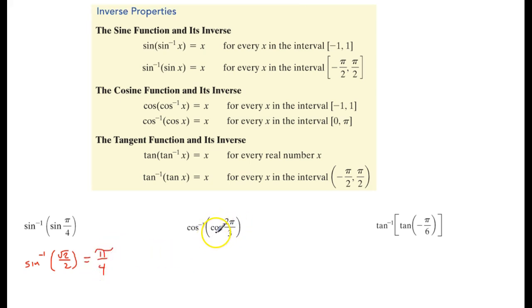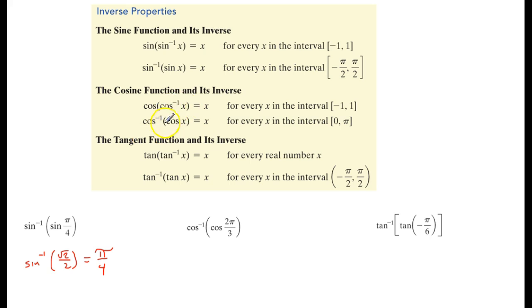And the same thing with the cosine. The arc cosine of cosine of 2 pi over 3. Now 2 pi over 3, is that within 0 to pi? Yes. So because that is within 0 to pi, we're just going to get back to x. But again, I always want you to think through these with the unit circle.